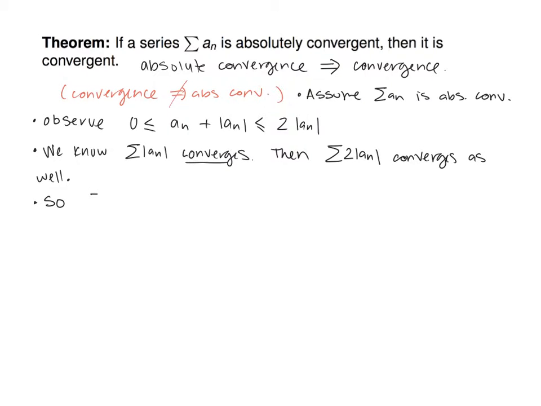And so this means that the sum of a sub n plus the absolute value of a sub n converges by what test? These terms, a sub n plus its absolute value, they're less than 2 absolute value of a sub n, right? And we know that the sum of 2 absolute values of a sub n converges. So if something is less than a convergent series, it converges by the direct comparison test. Yep.